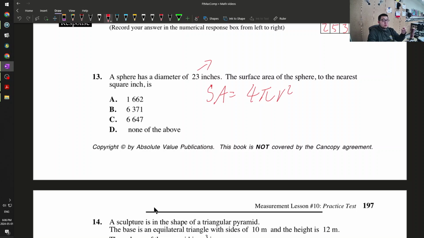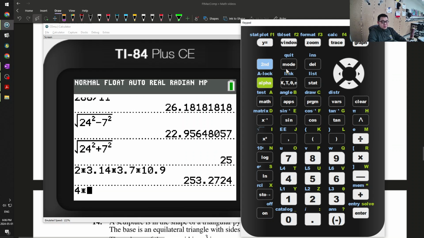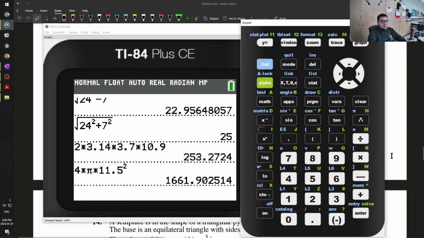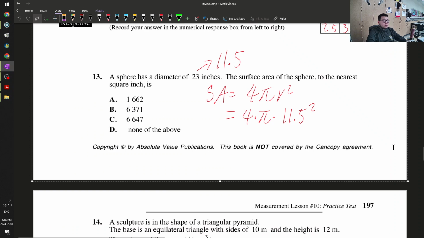So diameter is 23, what is the radius? 11.5. Therefore, 4 times pi times 11.5 squared gives me 1661.9, so 1662 inches squared.